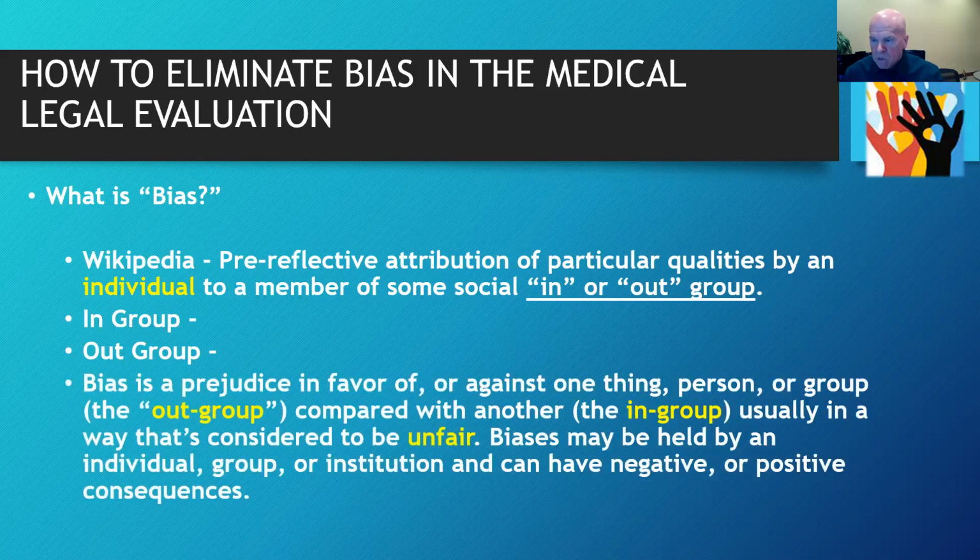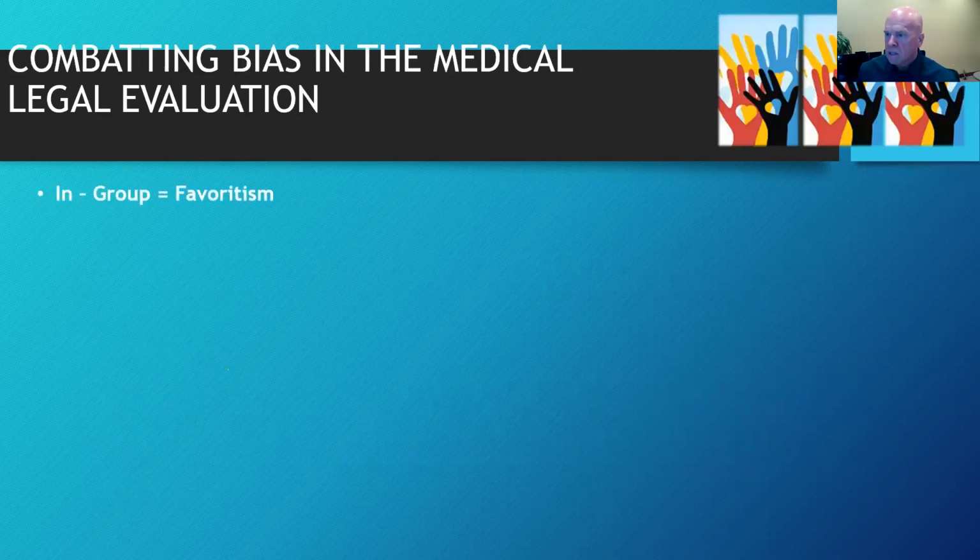Well, bias then is a prejudice in favor of or against one thing, one person, one group, the out-group. Bias is a prejudice against the out-group compared with the in-group for whom you favor. So we have this concept of in-group favoritism and out-group negativity. Let's expand on that. With the in-groups, people who fall within our social in-groups, we tend to favor them, right?